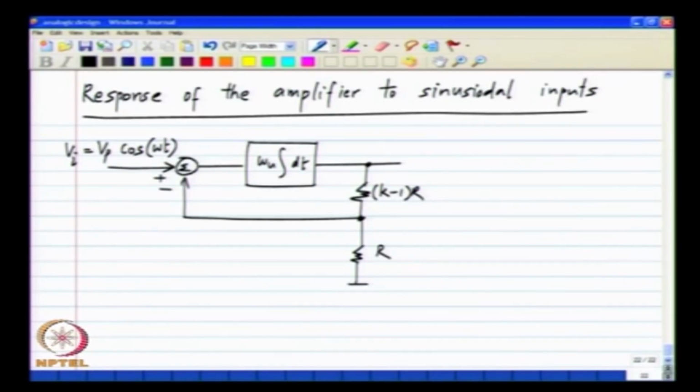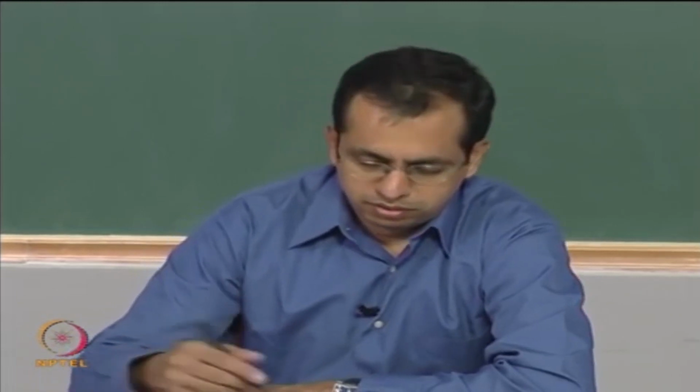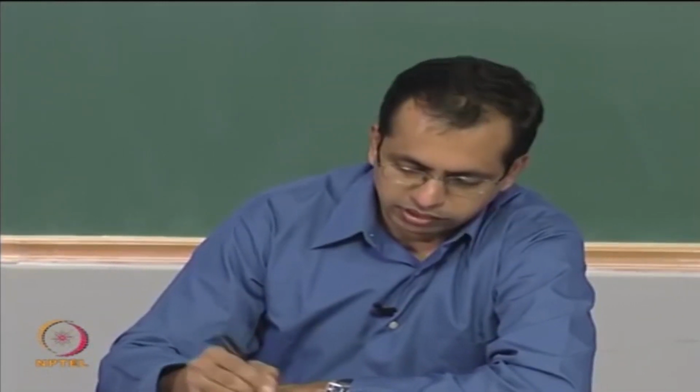So, this is the system we want to analyze and we want to see what the output is in steady state. Now, as you know, this is very convenient to analyze, not in the time domain, but in the Laplace domain, where we replace the integrator with its Laplace transform equivalent.